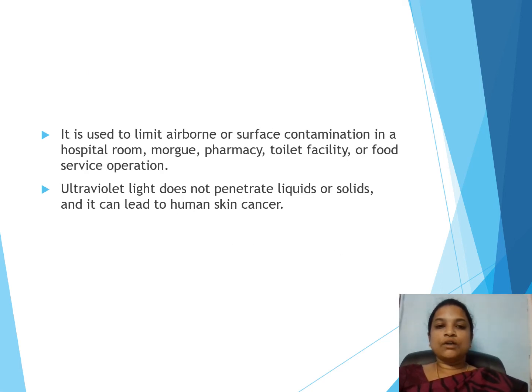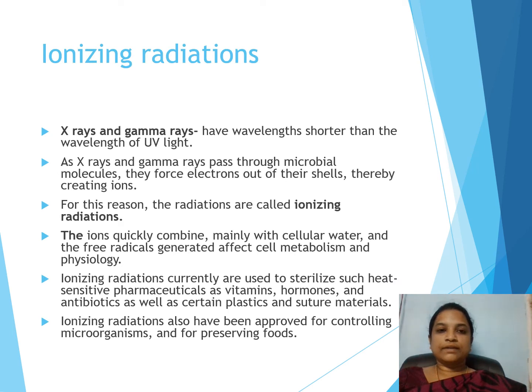Ultraviolet light cannot penetrate liquid or glass, and hence it is used to decontaminate hospital rooms, morgues, pharmacies, toilet facilities, or other food service operations. Ionizing radiations, such as X-rays and gamma rays, have wavelengths shorter than the wavelength of UV light.